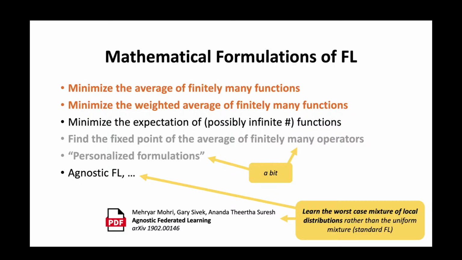In reality, you have finitely many devices. So we don't lose anything by assuming that you have finitely many machines. And whether you minimize the weighted average or unweighted average doesn't matter. It's completely equivalent. You can just hide the weights in those functions, and then everything is just a uniform average. Okay, so I will just simplify, abstract from them. I'll assume we'll be just minimizing the average of functions.